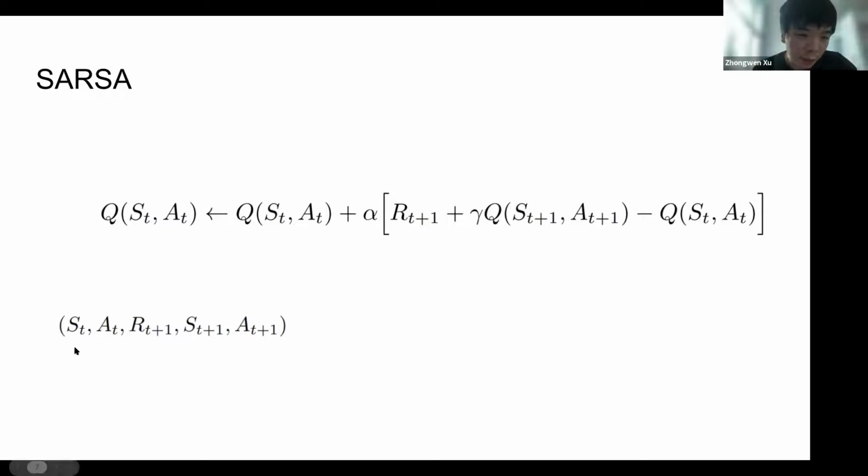I put this tuple here. Maybe you can guess why this algorithm is named SARSA: it consists of these five characters, state, action, reward, state, action. This describes the whole equation.